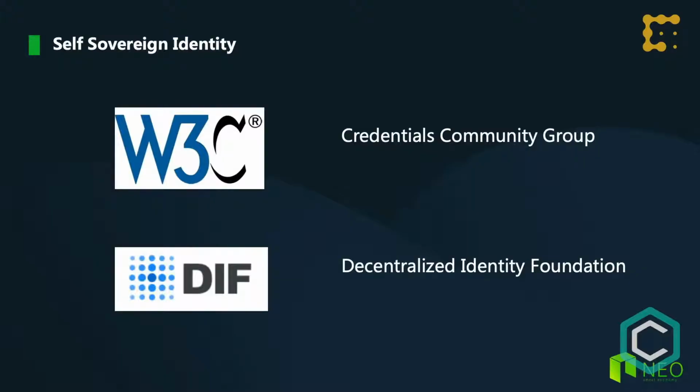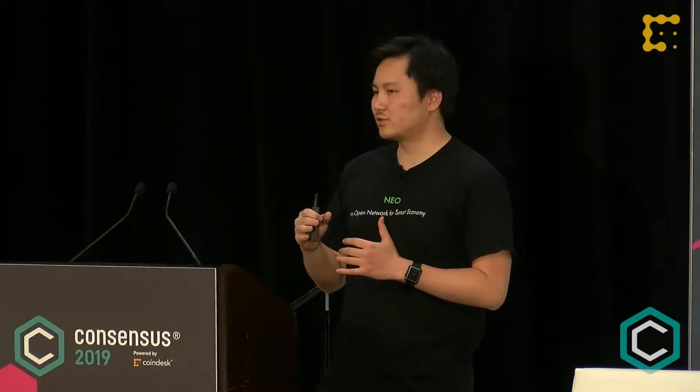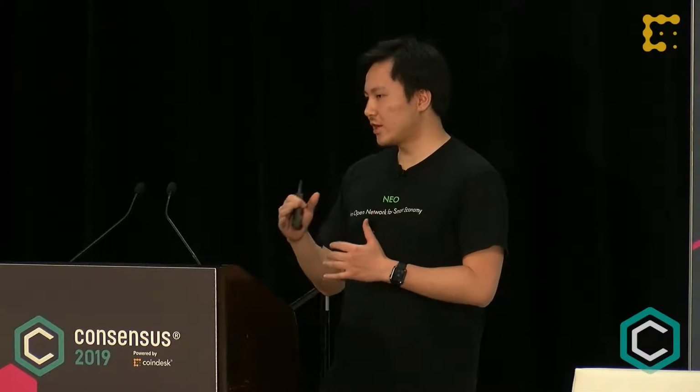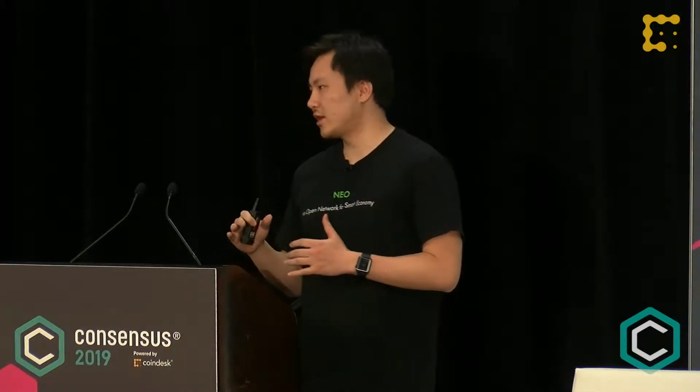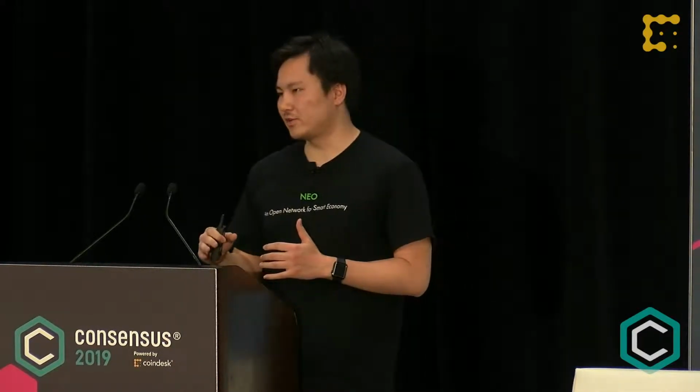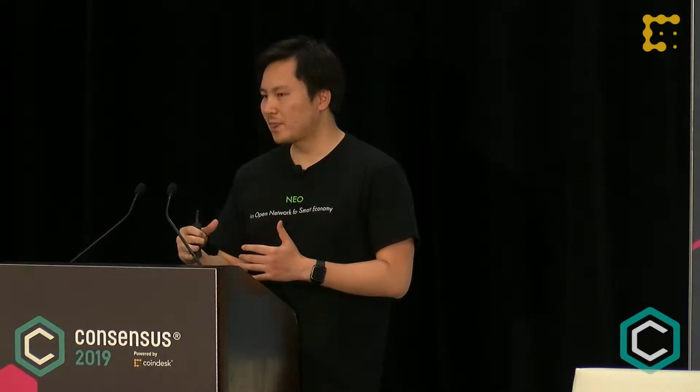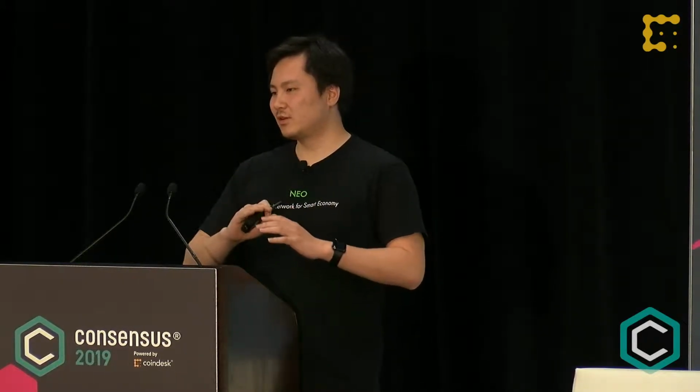One is W3C, the other is DIF, the Decentralized Identity Foundation. These 2 organizations have standards and protocols about identities on the internet. If you are interested in decentralized identity or self-sovereign identity, you can check the internet by yourself. I will not dive into all these subjects today because there is a lot of information on the internet, all right? So this picture just describes how it works.